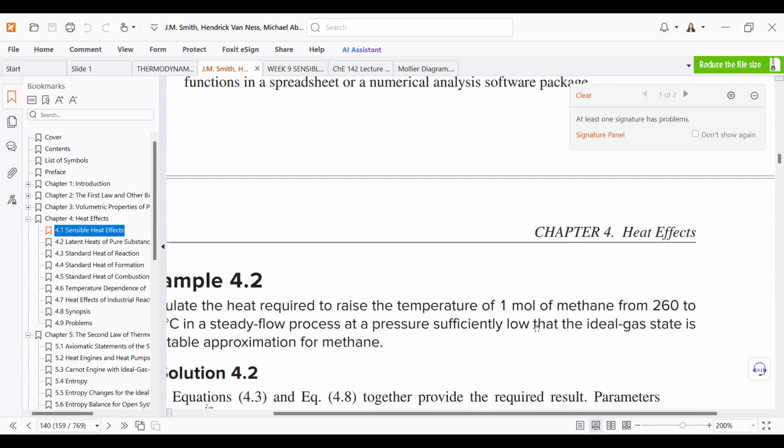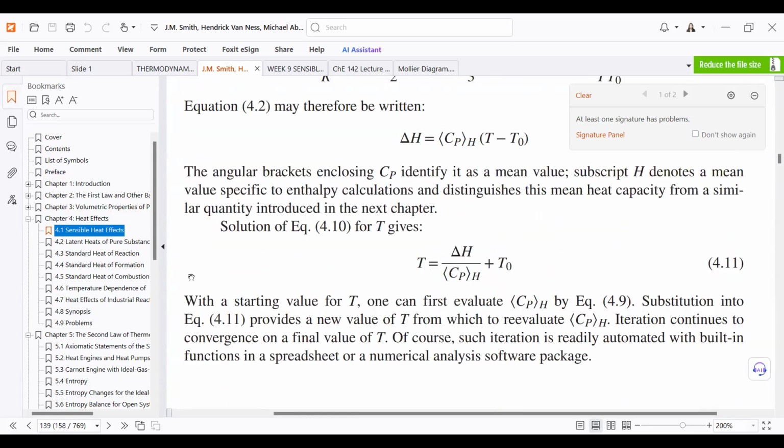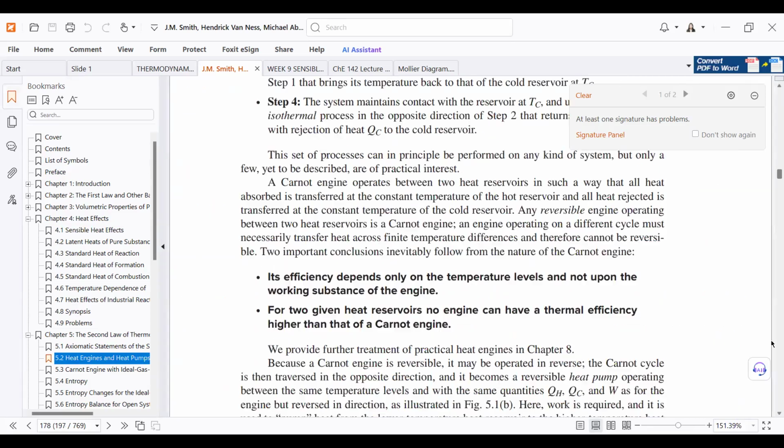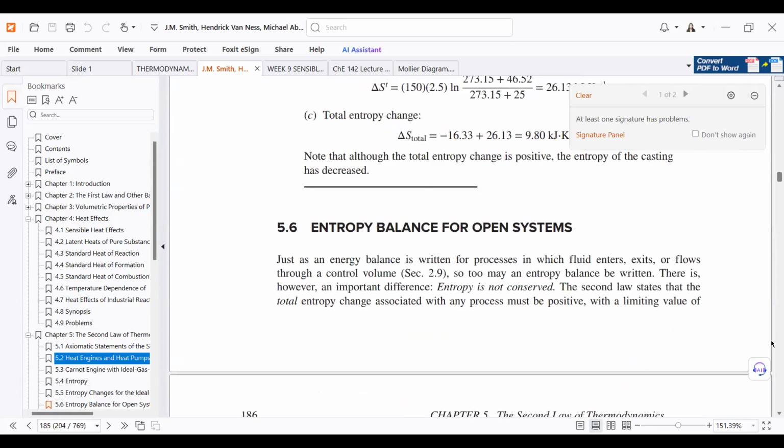Okay, this is different from the mean heat capacity for entropy calculation. This is the mean heat capacity for enthalpy calculation, and it is different from the mean heat capacity for entropy calculation. So let me find that in the book.